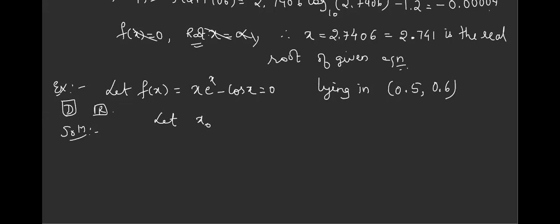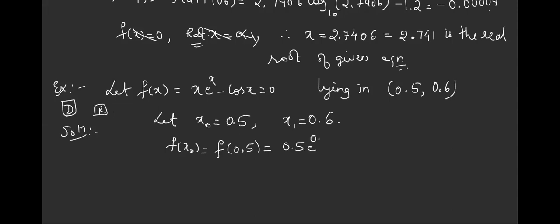Okay. So now, they have given that the root lies between 0.5 and 0.6. So 0.5 is x naught and 0.6 is x1. Now calculate f of x naught, which means f of 0.5. In this function, replace all the x with 0.5, which means 0.5 e raised to 0.5 minus cos of 0.5.